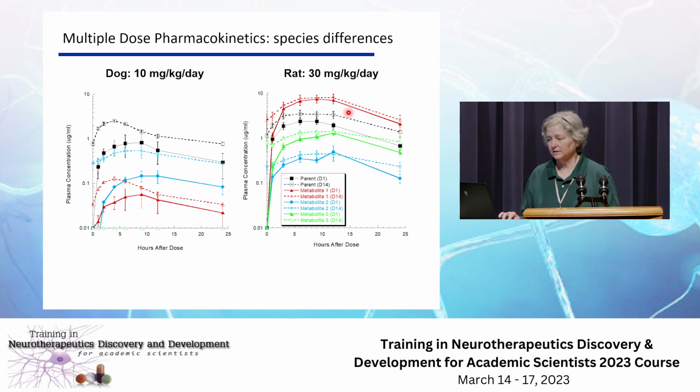In rats, metabolite 1 has actually higher concentrations than parent. And so the question that you would ask our toxicologist colleagues is, is rat the right species? Do we want to use rats? What happens in mice, for example? Because what we really want to assess is the tox profile of the parent compound and the metabolites that we think are going to be in humans, not necessarily the metabolites that are in rats.